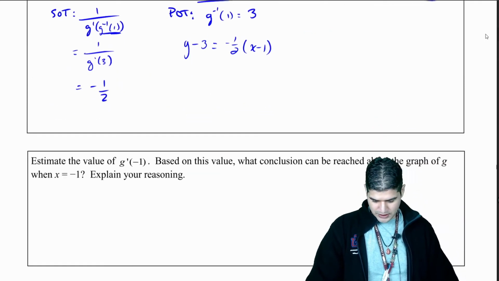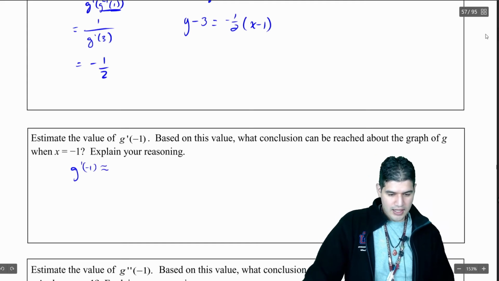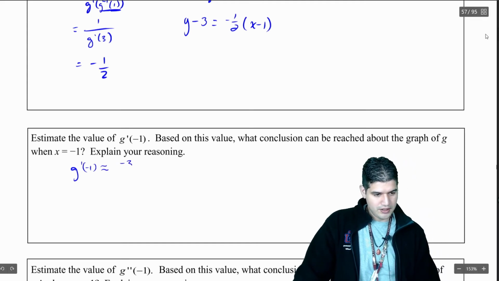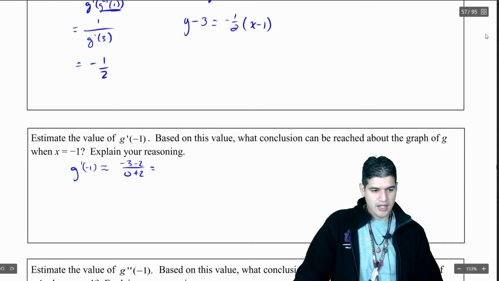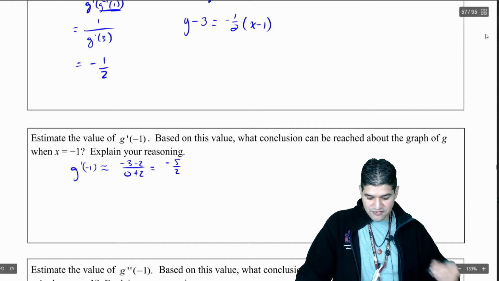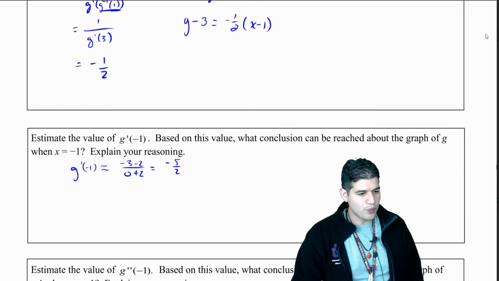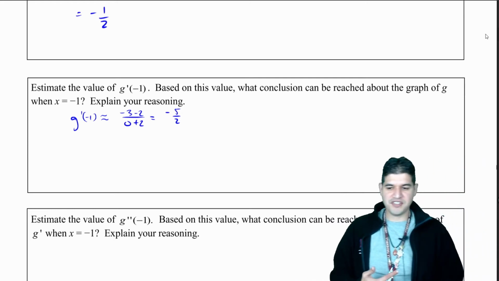All right, so as I write that down, g prime of -1 is approximately -3 minus 2 over 0 minus -2, so plus 2. All right, so I get -3 minus 2, so -5 over 2. So -5 halves, okay?